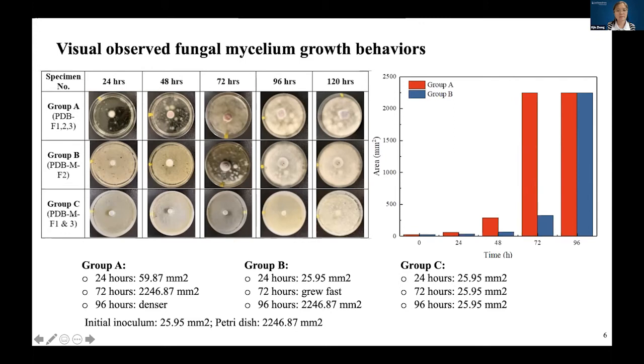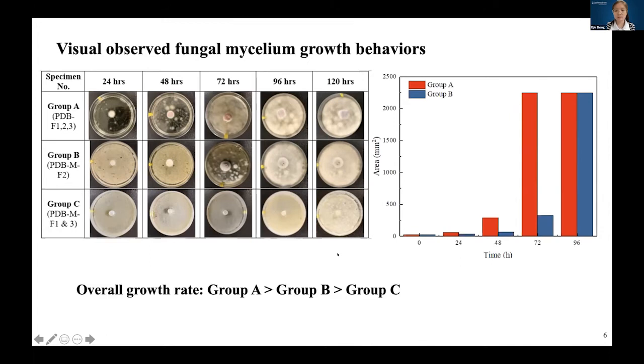In group C, we didn't see obvious fungal mycelium development. Based on this, the overall growth rate is group A larger than group B, larger than group C. Until now, we can raise one question: why do group B and group C, which both include the mortar at the bottom, show different growth behavior?